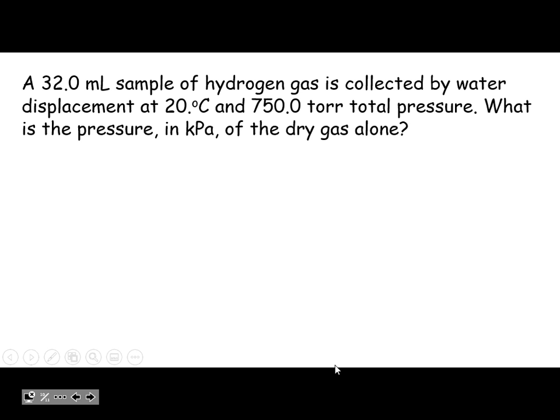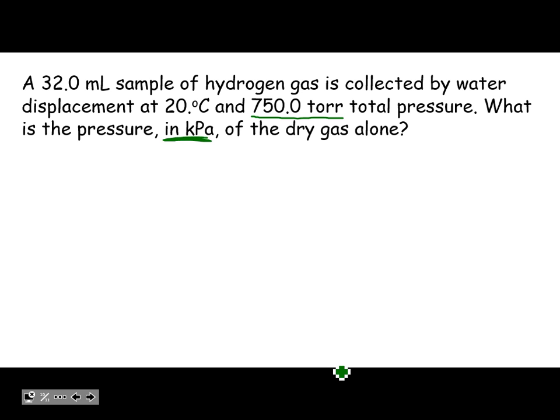What is the pressure in kilopascals of the dry gas alone? Well, my problem here is that my total pressure is given in torrs, and I want to find the pressure of the dry gas in kilopascals. So I have to do some kind of conversion.